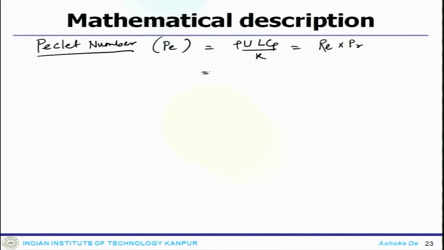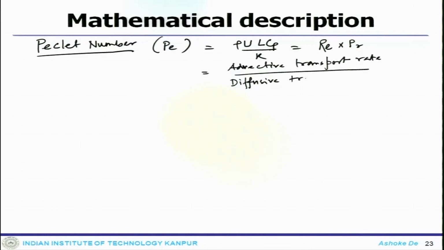So, it is a ratio of advective transport rate to its diffusive transport rate. This would be a very important number when we do the finite volume discretizations, and over a cell we will look at what the conditions on Peclet number are.